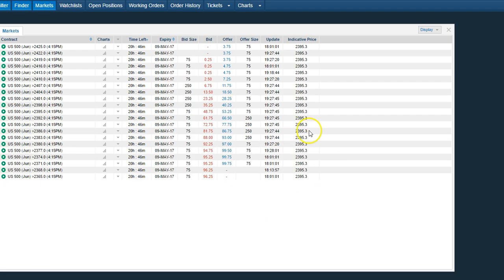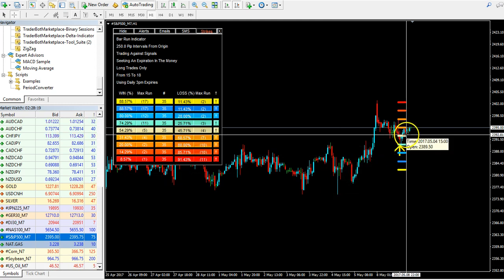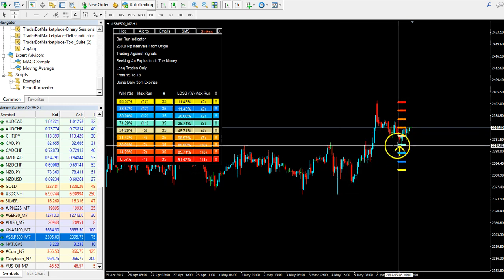So if price is here right now, and I look at 2392, which is this strike right here, I can get that for 66.50.